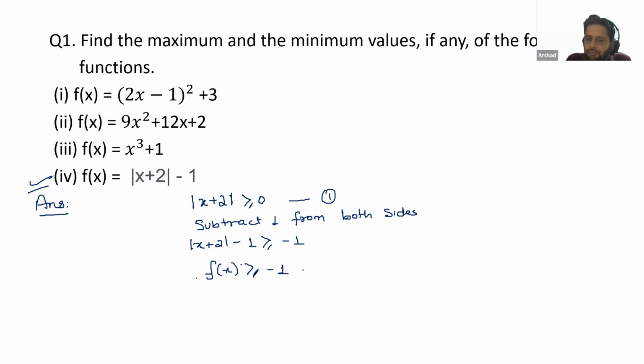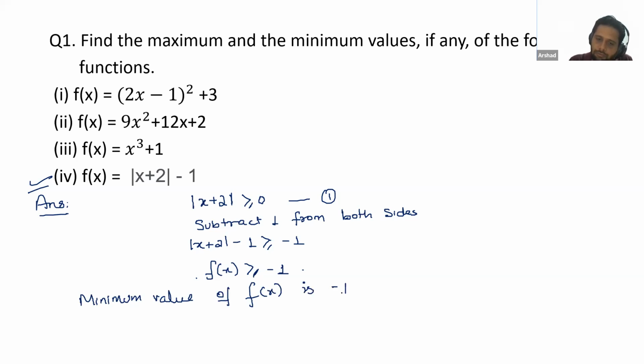Minimum value of this function? Good, Darshan. Very good. So here we are saying that this is greater than or equal to minus 1. So that means the minimum value of f(x) is minus 1.